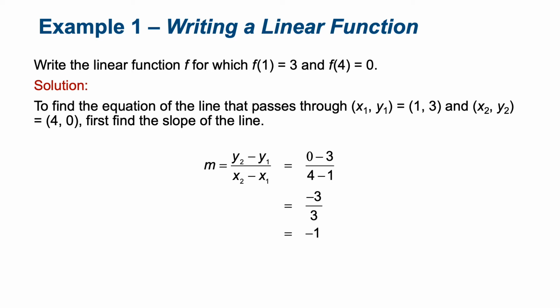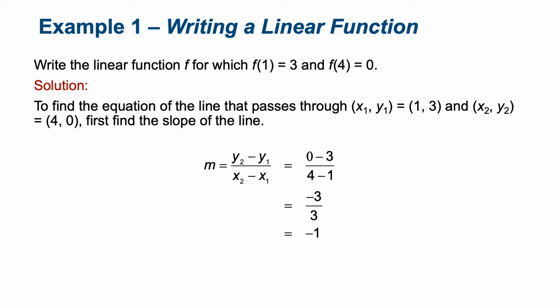So another way to write this is to say, okay, this represents a point 1, comma 3, and this here represents a point 4, comma 0. Okay? So we can just let x1, y1 be 1, 3, and x2, y2 be 4, 0, and then subtract the y's over the x's to find the slope.